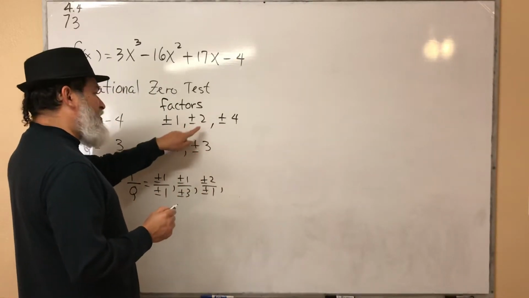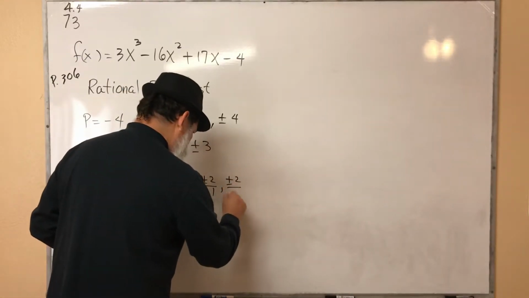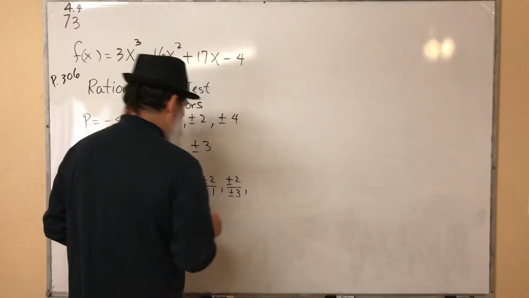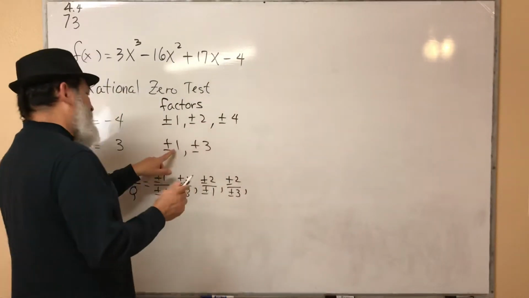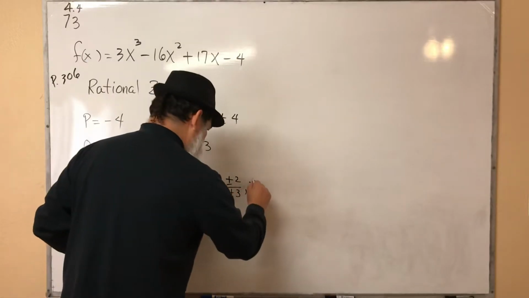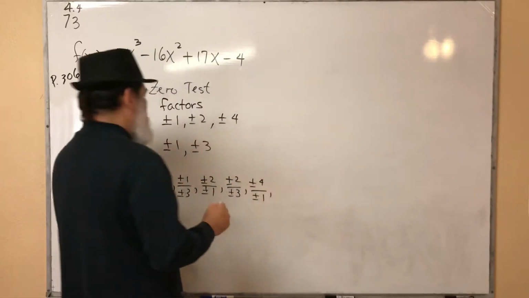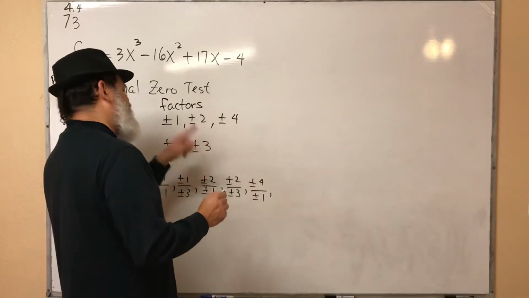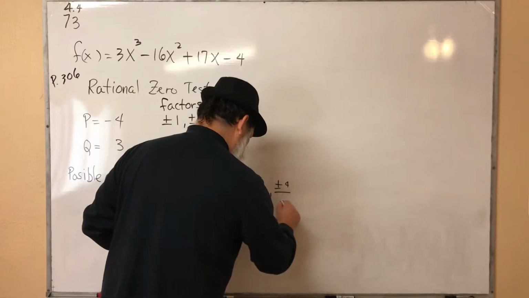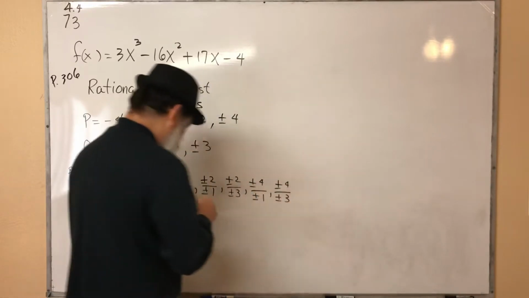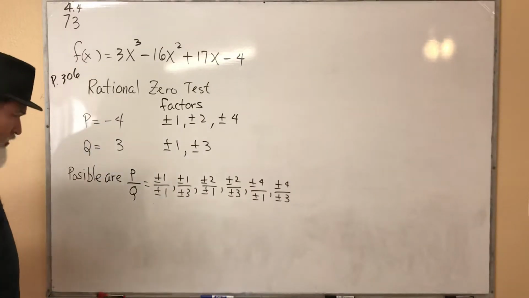Plus minus 2 divided by plus minus 3. Plus minus 4 divided by plus minus 1. Plus minus 4 divided by plus minus 3. So these are the possible zeros.